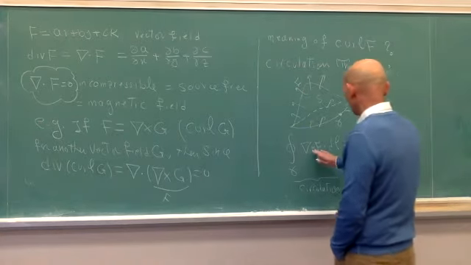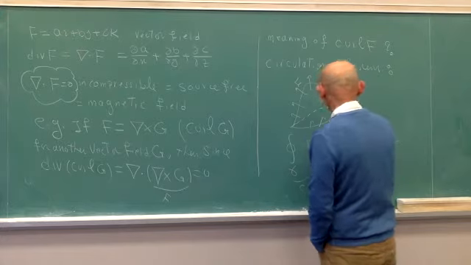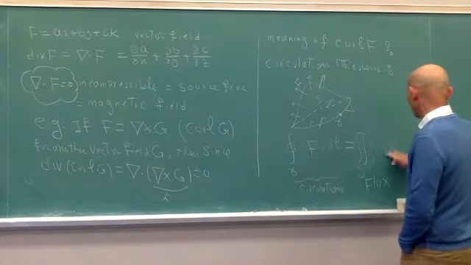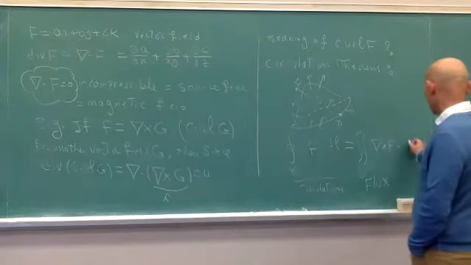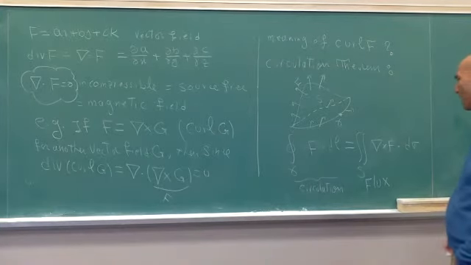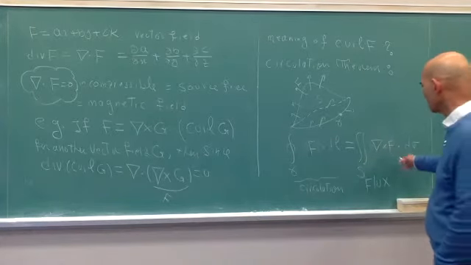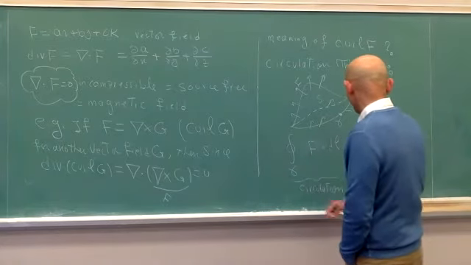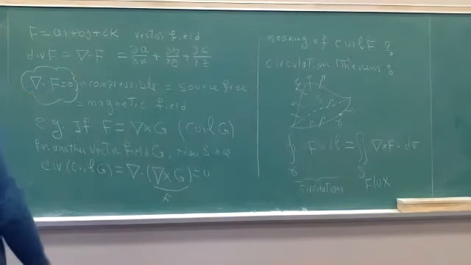Actually, it's the other way around, I'm sorry. It's F dot dl, circulation, is equal to, when you take the curve. So this is the result.